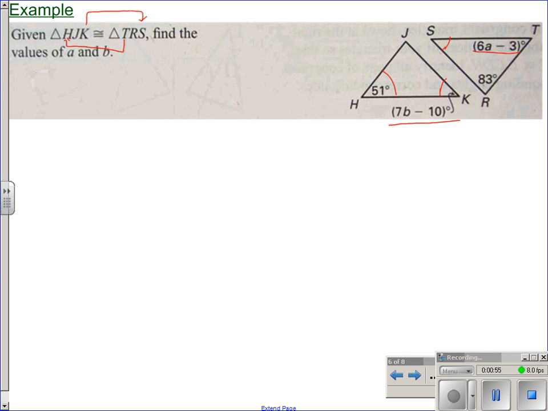Because these triangles are congruent, vertex T corresponds with vertex H, so angle T is congruent to angle H. So angle T, 6A minus 3, will equal angle H, which is 51. So 6A equals 54, just solving for A. Divide by 6, we get an A value of 9. That's part of our answer.